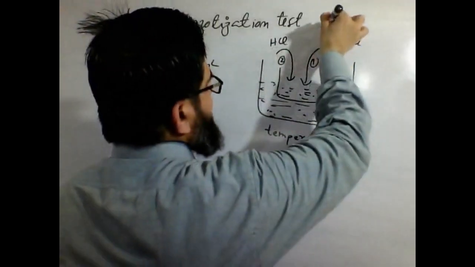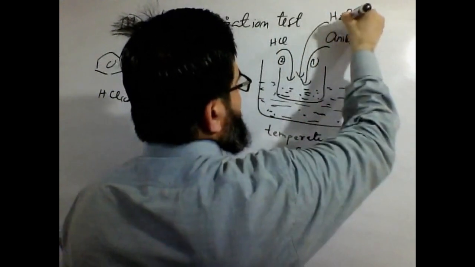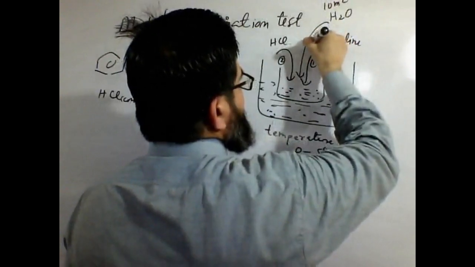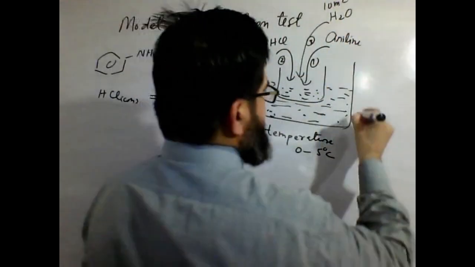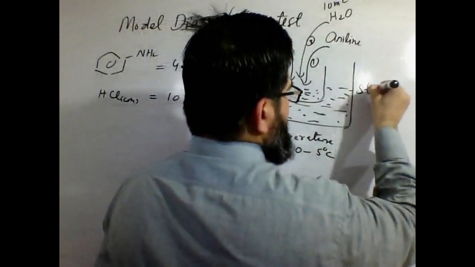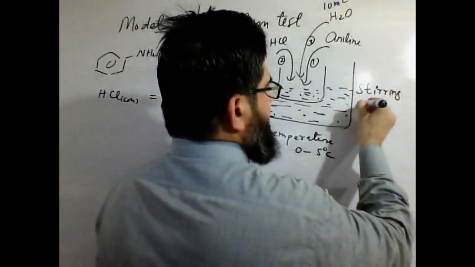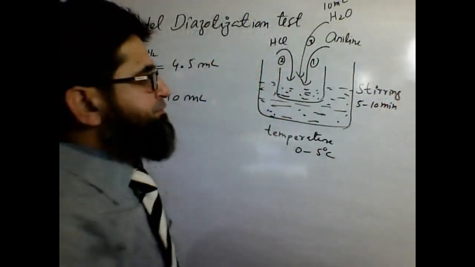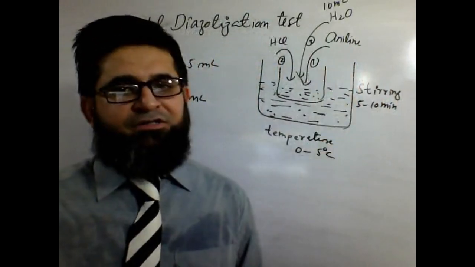Then as number 3 we put in 10 ml of water, and we put it on stirring for 5 to 10 minutes till the temperature is less than 5 degrees.